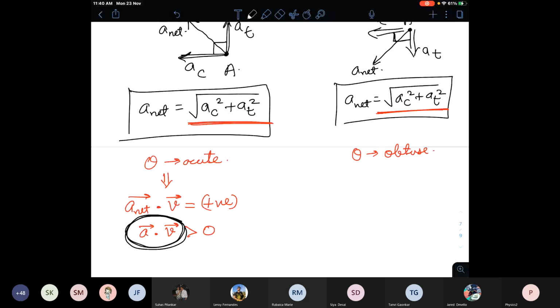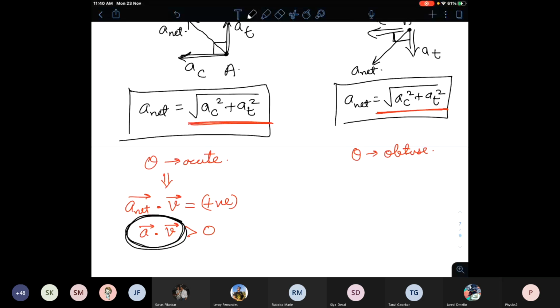You can take it with the radius vector also, or centripetal acceleration, or any vector which you like. But velocity is kind of a reference vector, so with respect to the reference vector we are taking the dot product. That is why we need the angle with velocity.